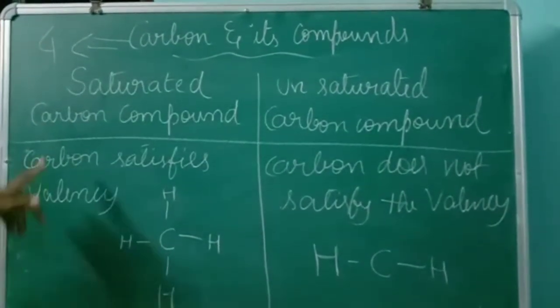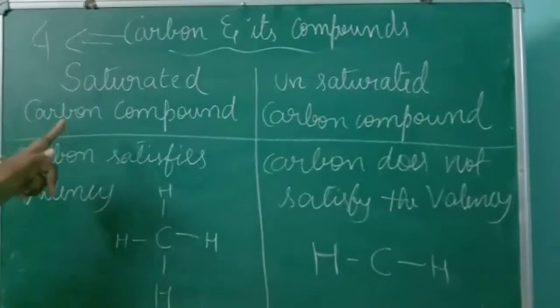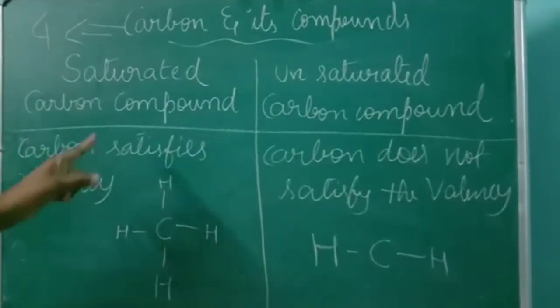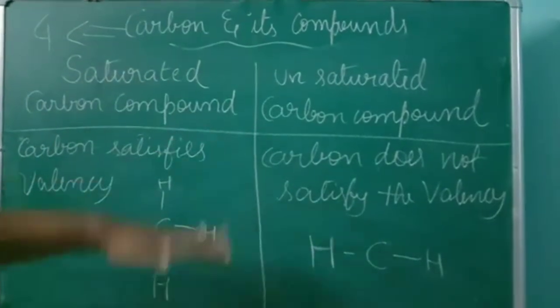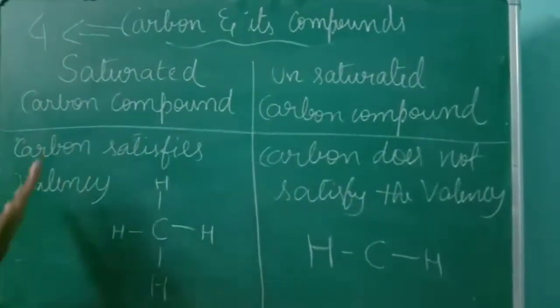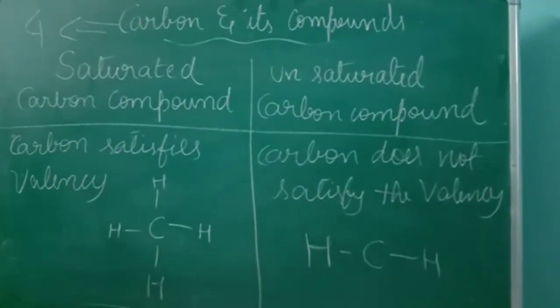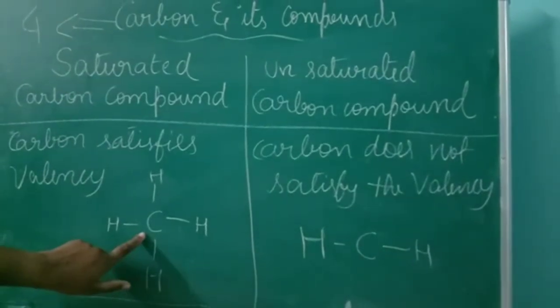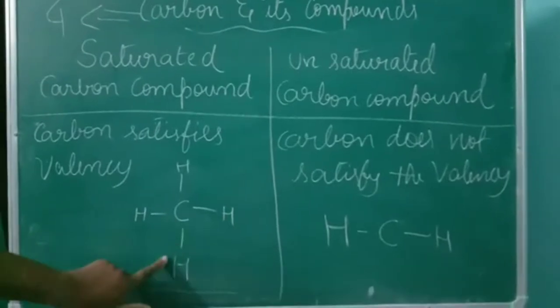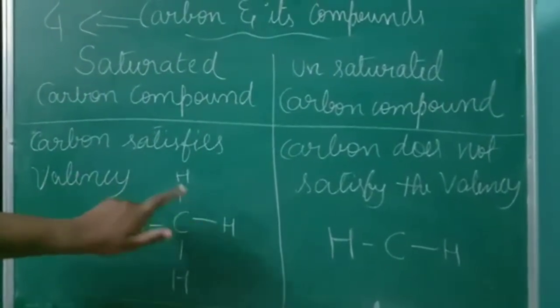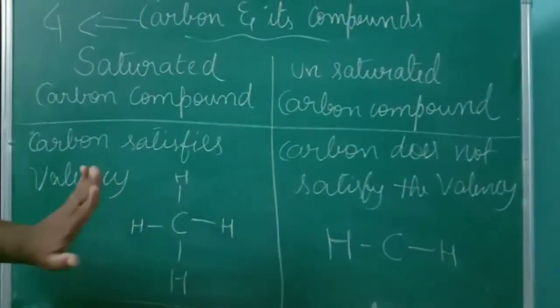Okay, so a saturated carbon compound means the carbon atom satisfies its valency. Whatever structure you write, it has to satisfy its valency. Now look at this structure. Here C is in the middle. One bond is formed with this hydrogen. Second bond, third bond, fourth bond. So here 1, 2, 3, 4. The valency of 4 is satisfied.